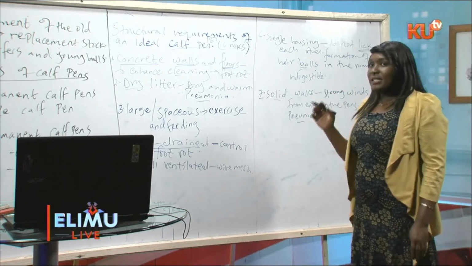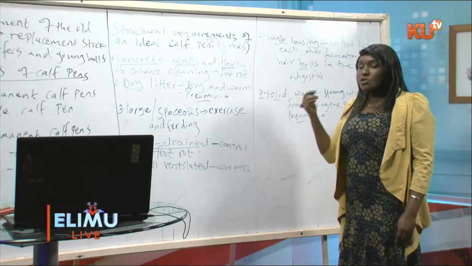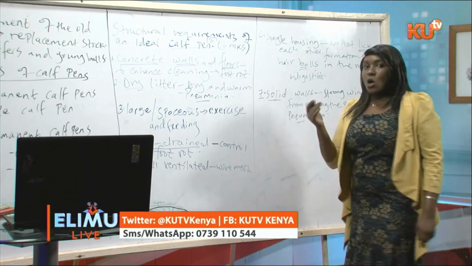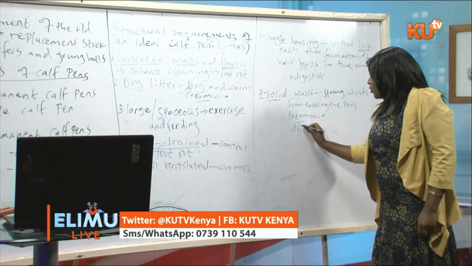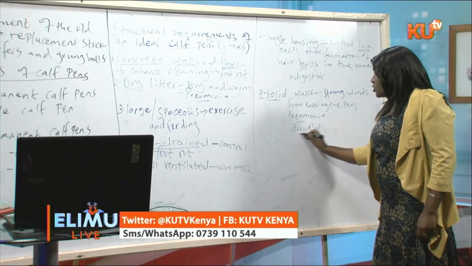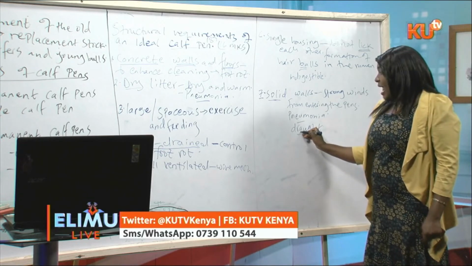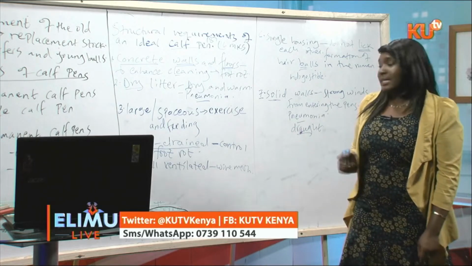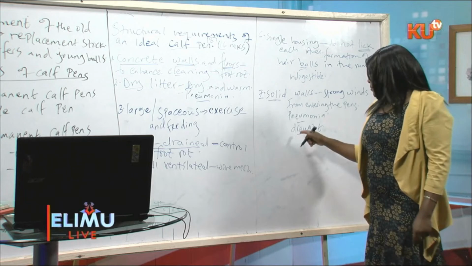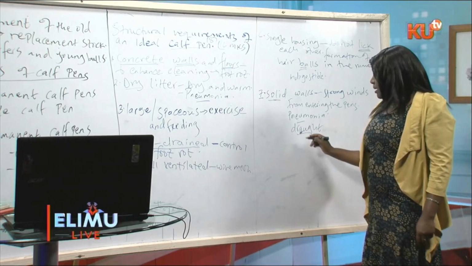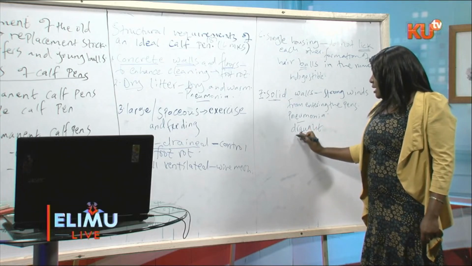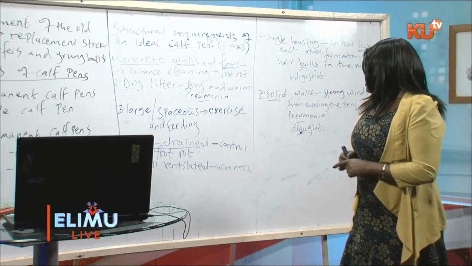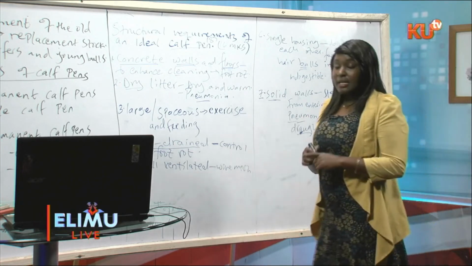You should ensure that the better part, and especially the side where the very strong winds are coming from, has a solid wall to prevent draught, that phenomenon we call draught, spelled D-R-A-U-G-H-T. Another thing we are keen on in agriculture is the spelling. You need to be keen on these spellings because they can be a problem at some point. So draught is brought about by strong winds coming from one direction that can cause pneumonia in these livestock animals.